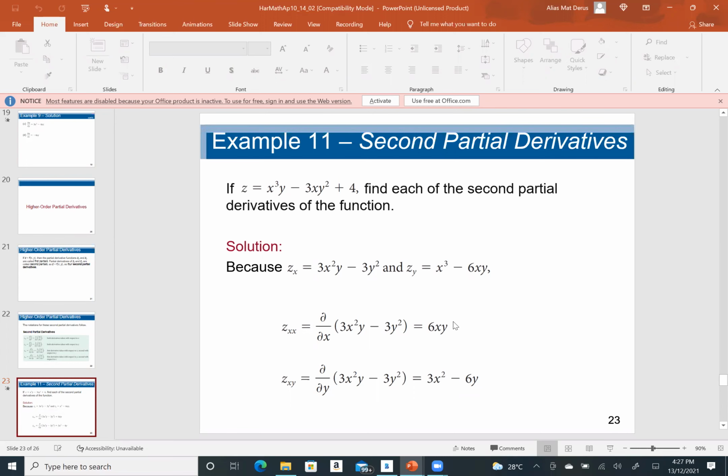So you got this. Now, what I would like you to do, you do the second partial of fy. So fy is zy. You find zyy or fyy, and also you find zyx or fyx.